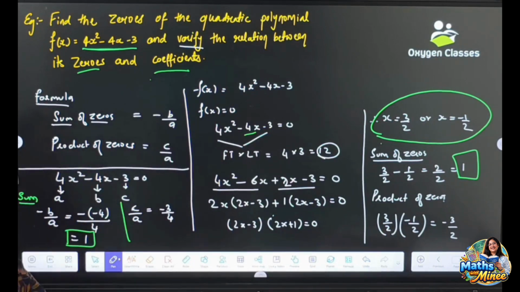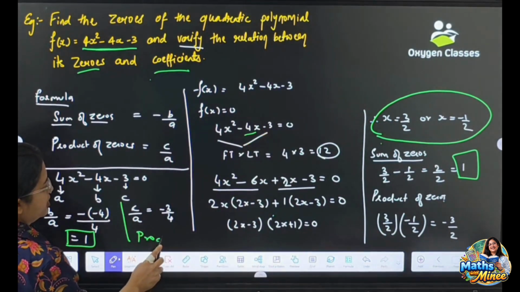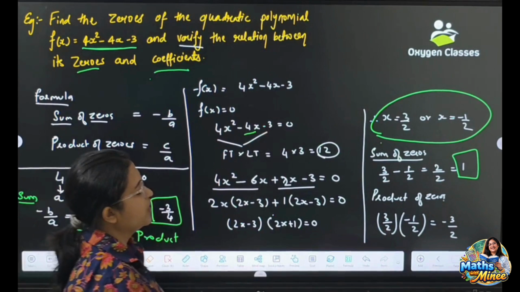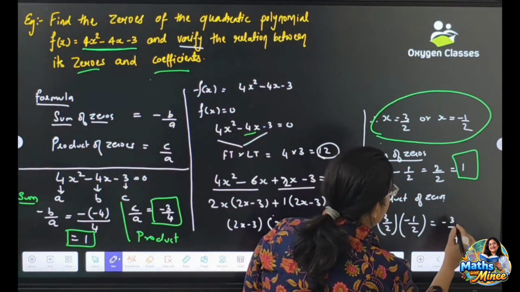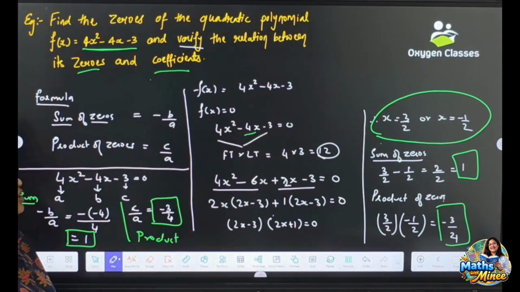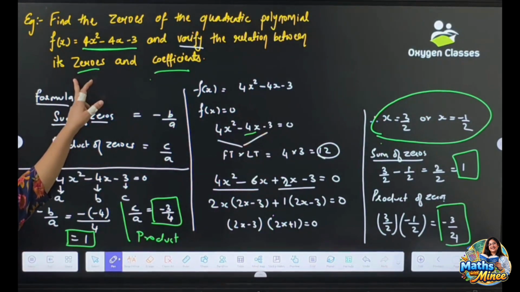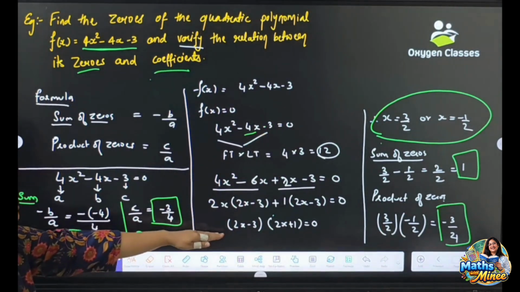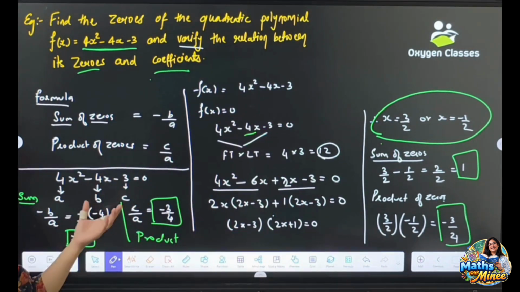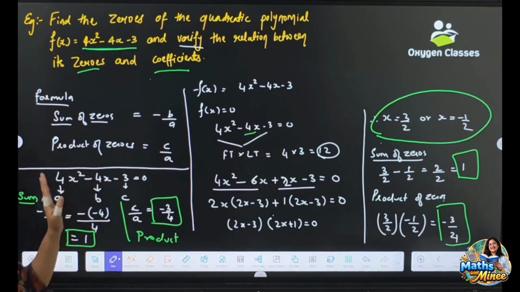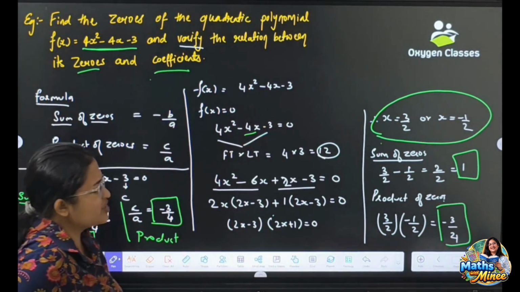For the product, we got -3/4, and here also we got -3/4. So it is clear that yes, there is a relation between the zeros and the coefficients, which can be easily identified by using the formula. I hope this is clear. Let us look at the next example.